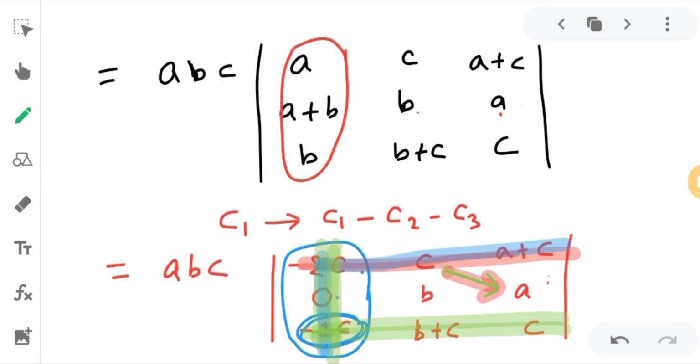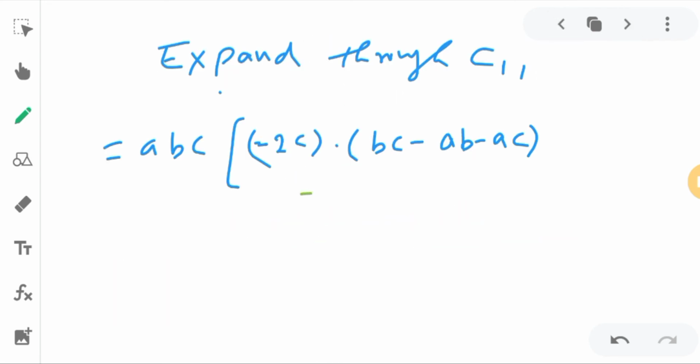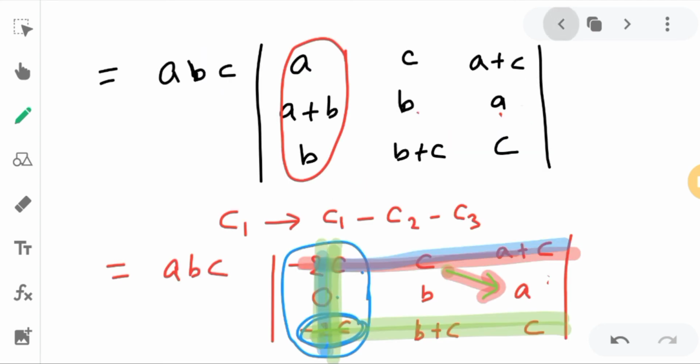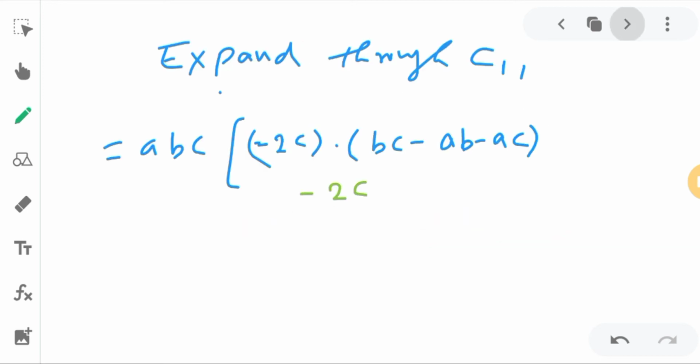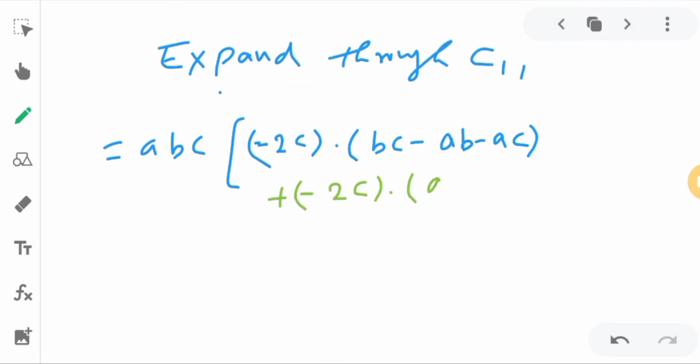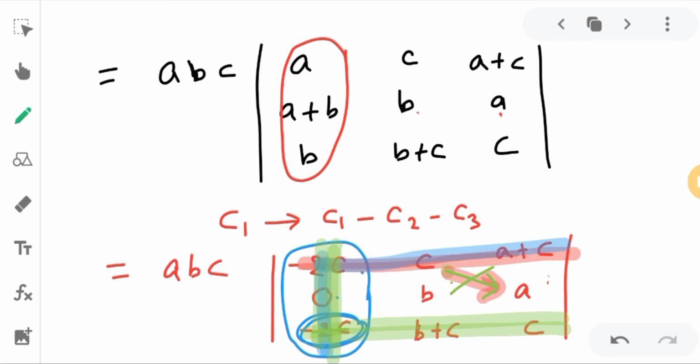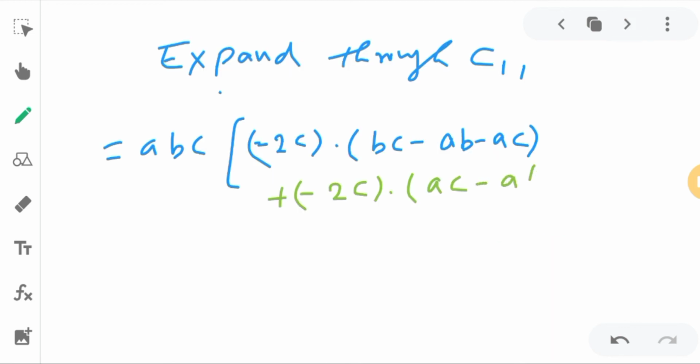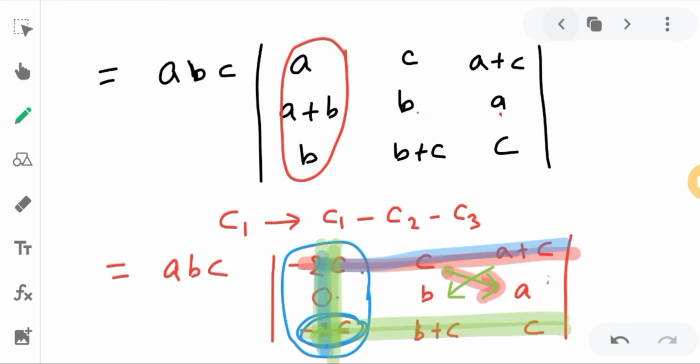C into A will be CA, and before that minus 2C. The signs go plus, minus, plus, so plus of minus 2C into CA, AC I will write, and minus A plus C into B, so minus AB minus BC.